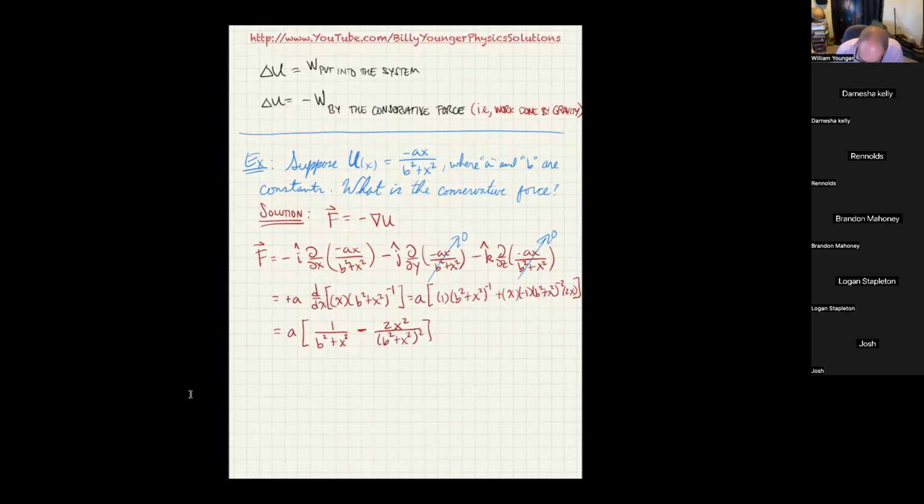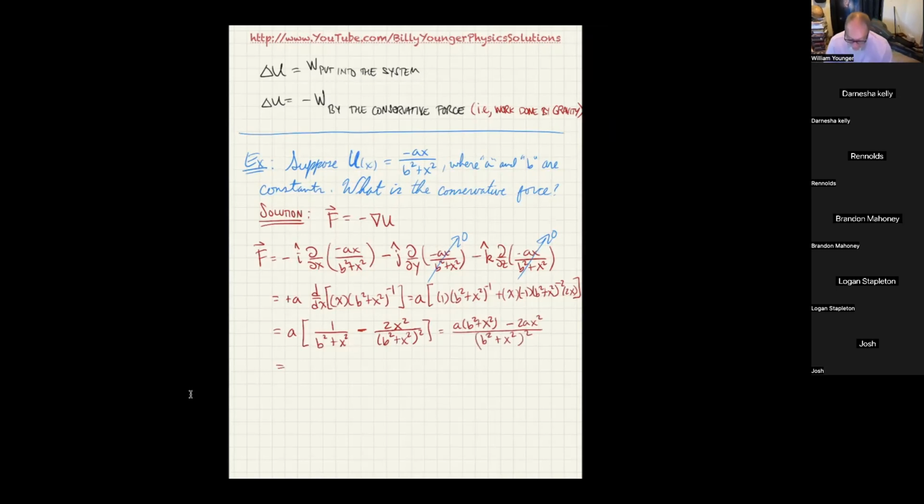I'm also going to distribute that a, and I'm going to say a times b squared plus x squared minus 2ax squared. All of that's going to be over the common denominator of b squared plus x squared to the 2 power.